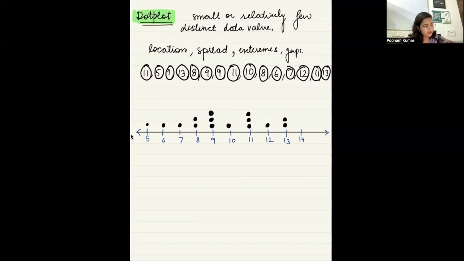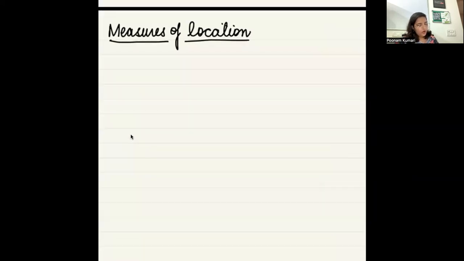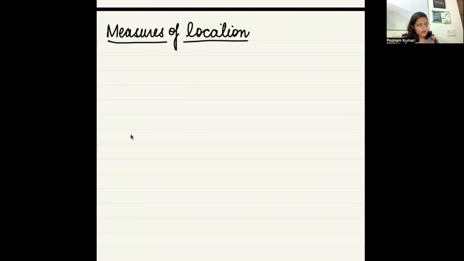We want to know that. Measure of location meaning all those formulas, all those numbers which describe the location of a data set.